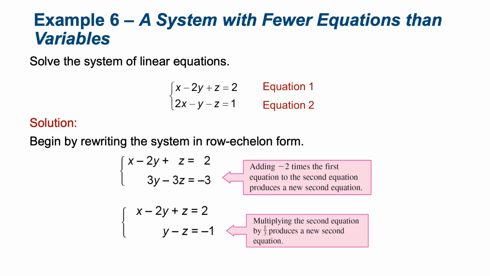So suppose you have these 2 equations, x minus 2y plus z is equal to 2, and 2x minus y minus z is equal to 1. And we want to write this in row echelon form. So let's multiply negative 2 times the first equation and add it to the second. We cancel out the x's. We would get 3y minus 3z is equal to negative 3. And if we divide everything by 3, you get y minus z is equal to negative 1, right?